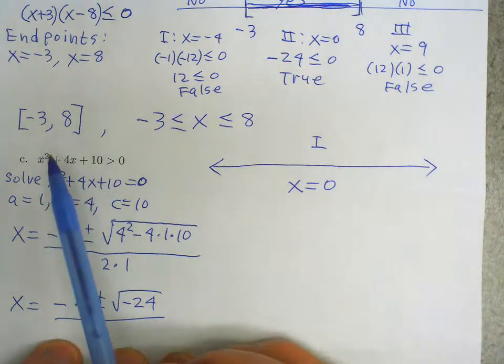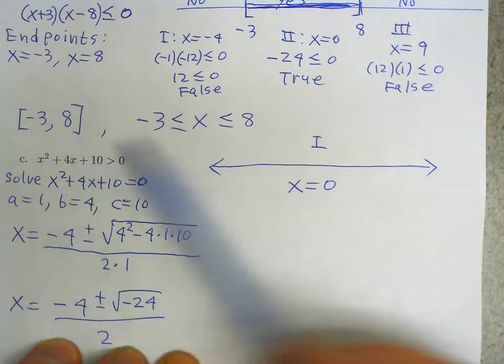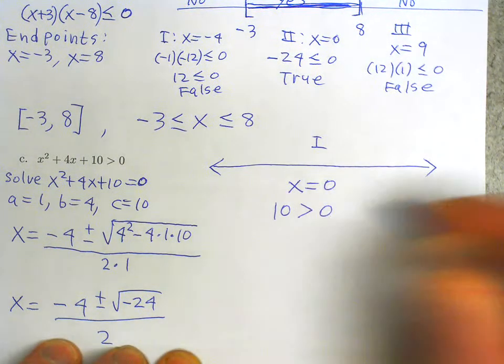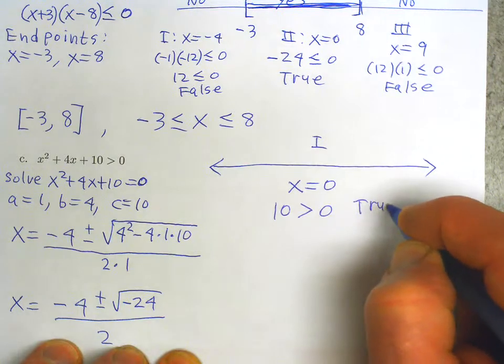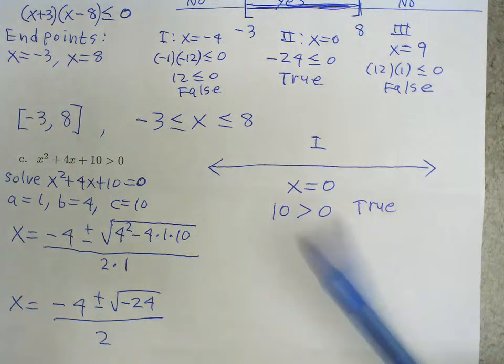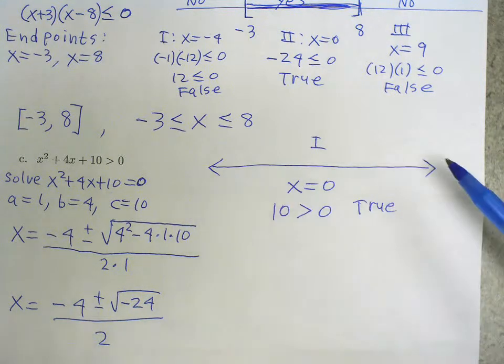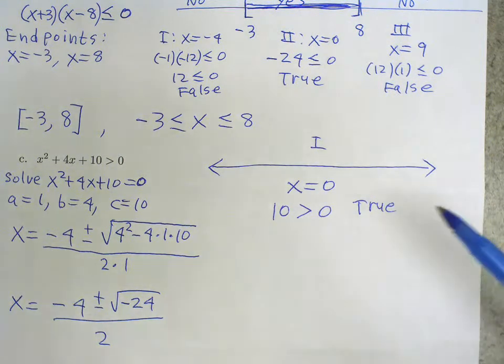And then when you replace every x with 0, you get 10 greater than 0, and that's true. So this tells us that every real number between -infinity and +infinity is a solution to that inequality.